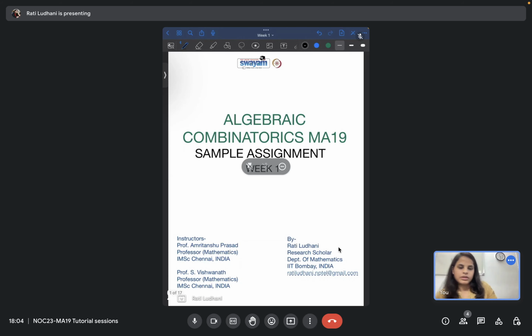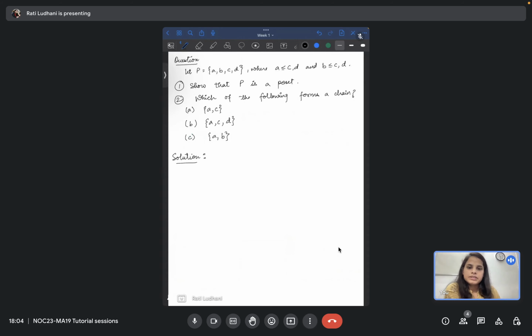Okay. So let P be equal to {A, B, C, D}. This is a poset we are going to discuss. I hope you are familiar with the definition of poset.